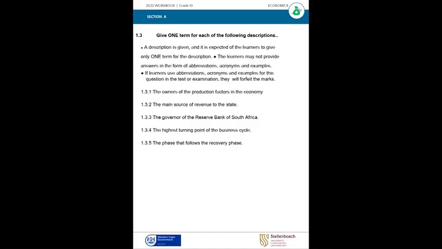Give one term for each of the following descriptions. A description is given and it is expected of the learners to give only one term for the description. The learners may not provide answers in the form of abbreviations, acronyms, and examples.